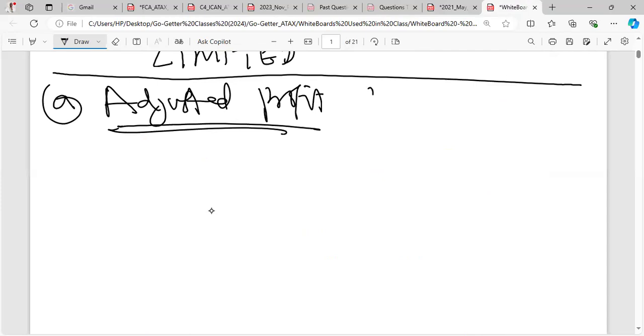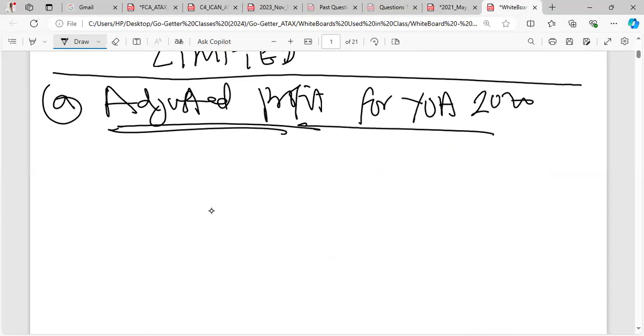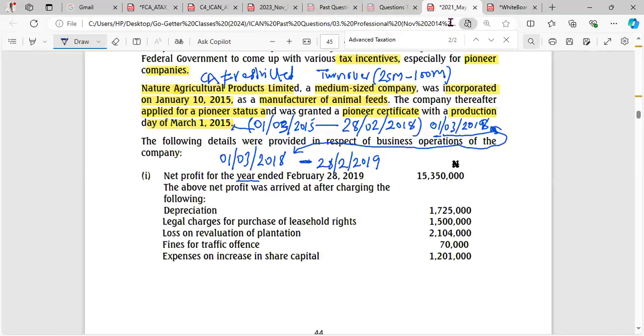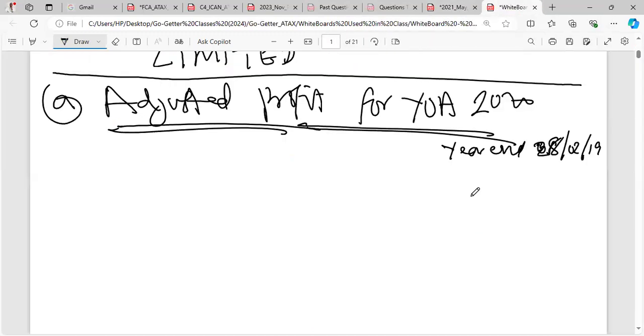So we will say for year of assessment 2020. So this is year ended 28th February 2019. Yes, that's it. Year ended February 28th, 2019.